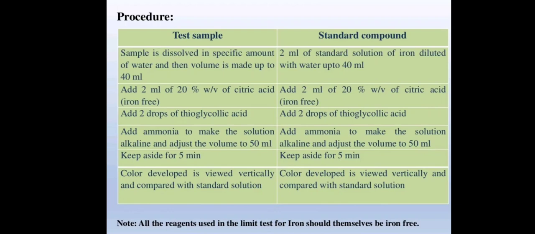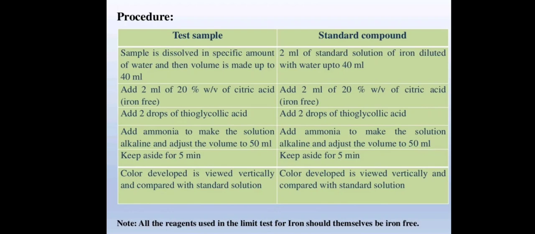The next step, add 0.1 ml of thioglycolic acid to both the test and standard. The reason is thioglycolic acid is a reducing agent which converts ferric iron to ferrous iron. Then thioglycolic acid again reacts with ferrous iron and forms ferrous thioglycolate.